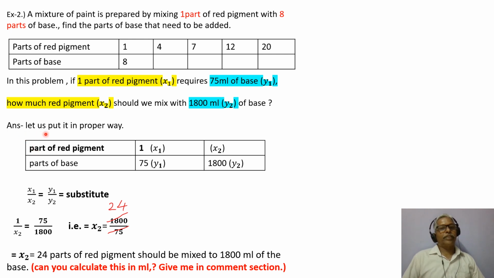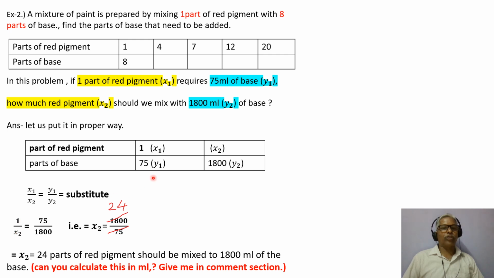So answer, let us put it in a proper way. Part of red pigment is 1, part of base is 75 ml. Then x2 is unknown to be found out and y2 is 1800. Now this is the formula, x1 upon x2 equal to y1 upon y2. For this, don't make any mistake in writing this.